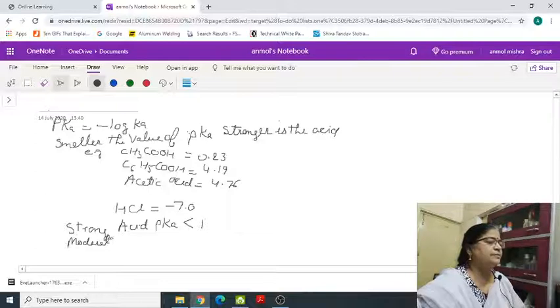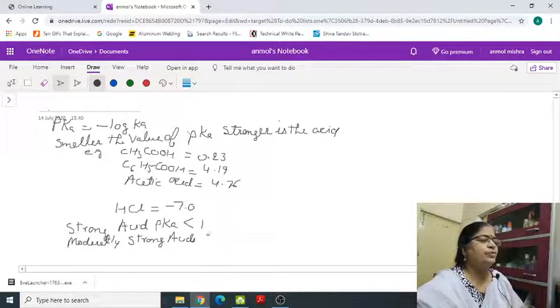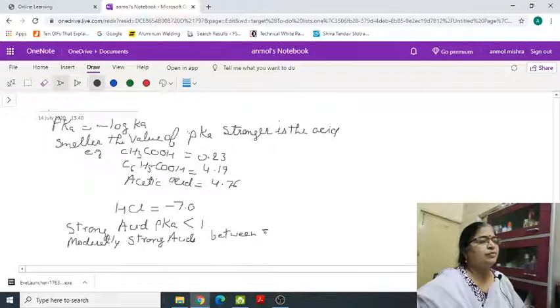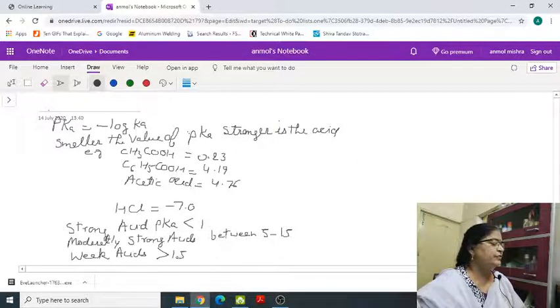Moderately strong acid has between 5 to 15, and weak acids greater than 15.